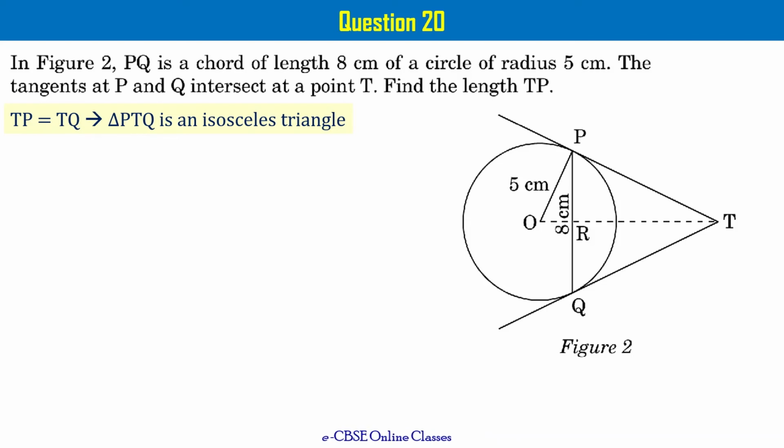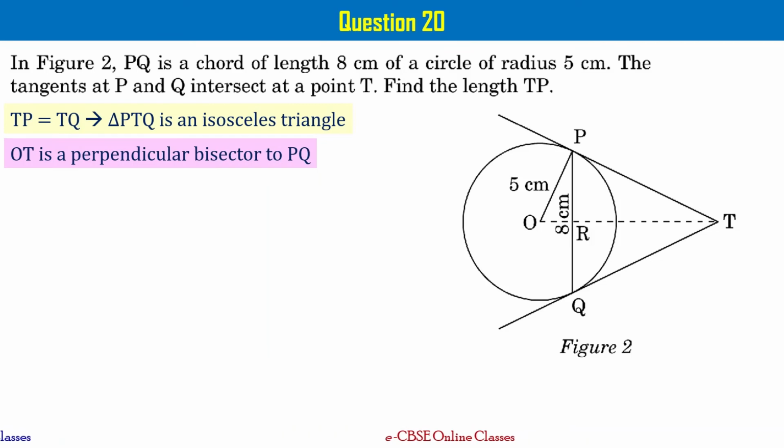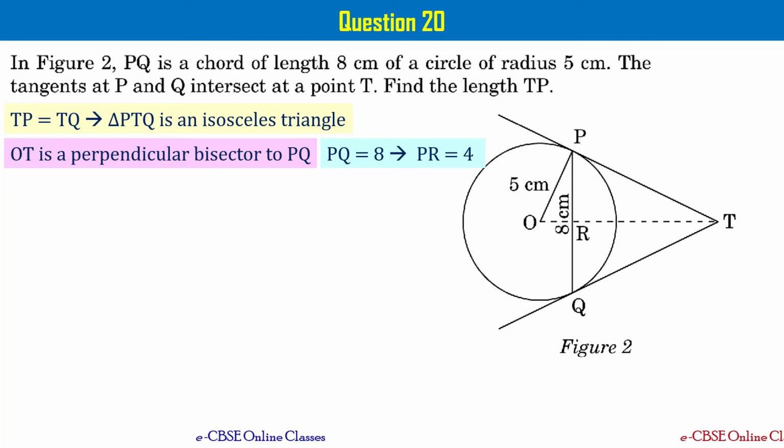And triangle PTQ is an isosceles triangle. When you observe this figure, line OT, which is a dotted line, is the perpendicular bisector of line PQ, right? We were given PQ equal to 8 centimeters.